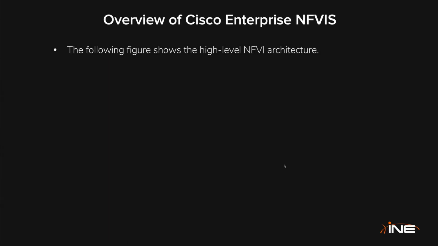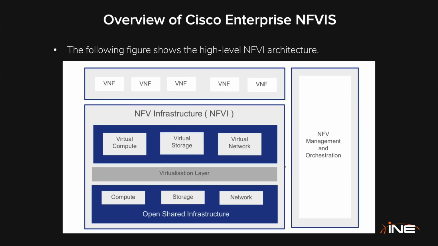So let's look at the high-level architecture of Cisco's Enterprise NFVIS. It's pretty similar to the earlier slide that we saw of the ETSI framework, where here we have your MANO, which consists of those three components, your NSO, your VNF manager, and your VIM.